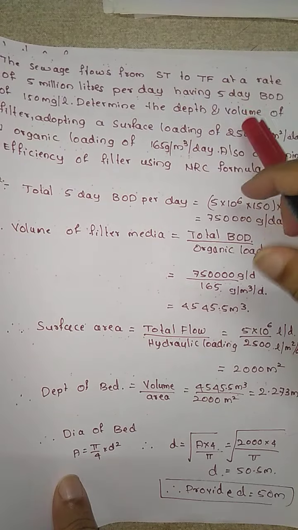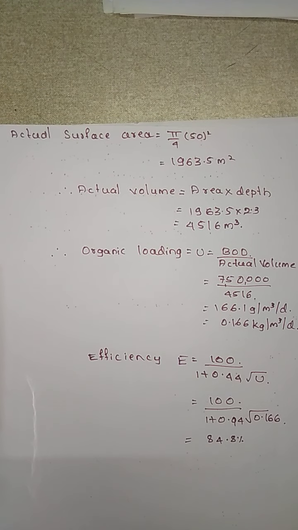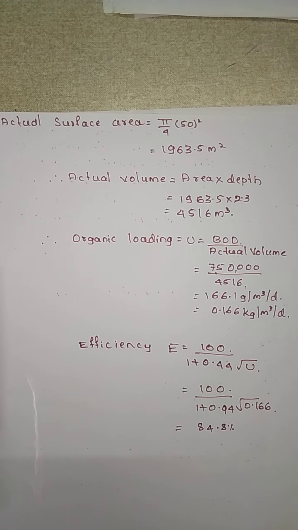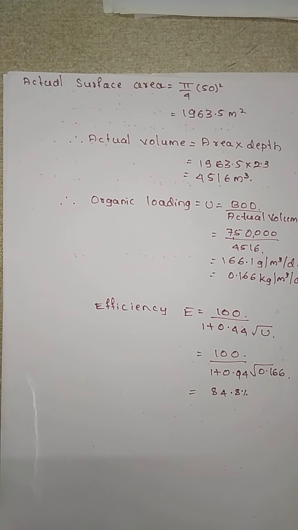Now we will calculate the actual surface area we are going to provide. We got the diameter as 50.5, and we are going to take it as 50 meters.